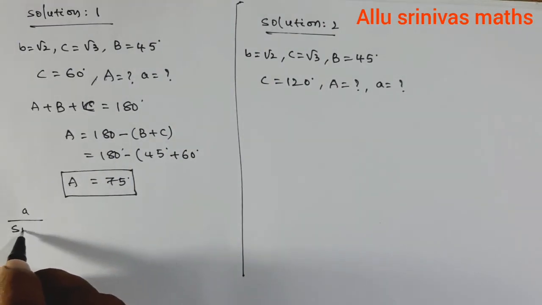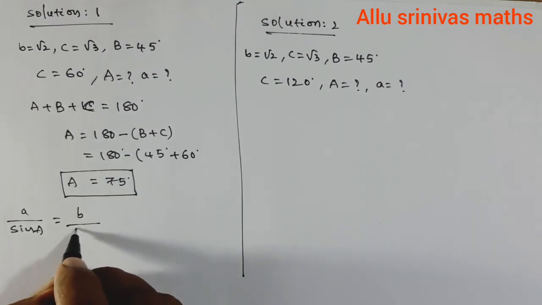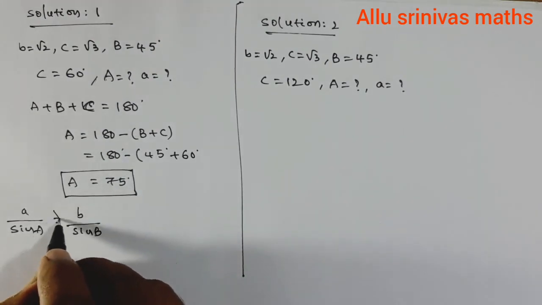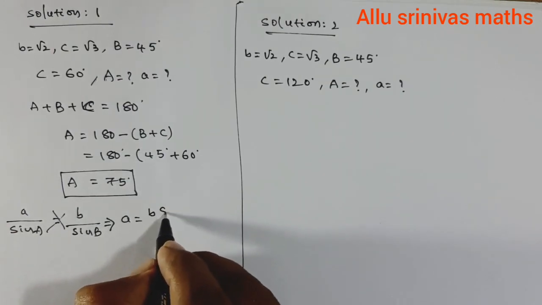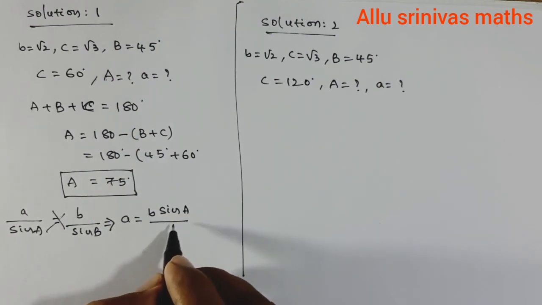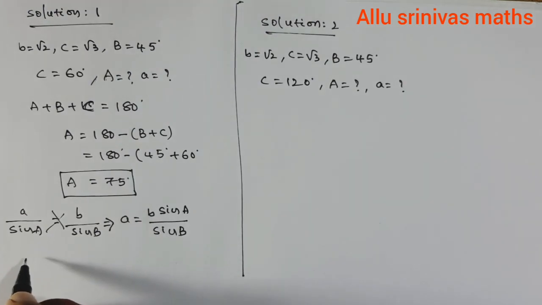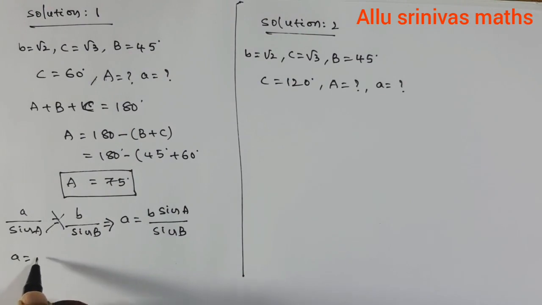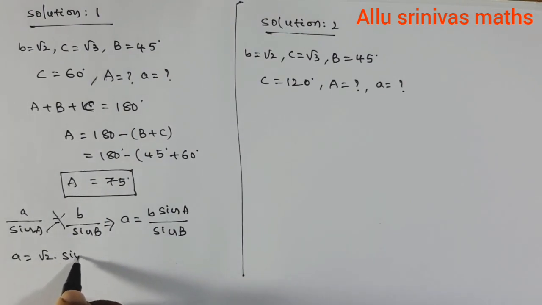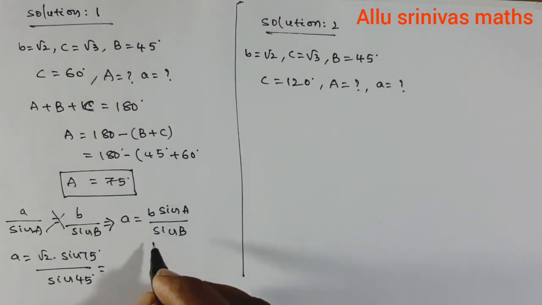Next we have to find side a. We know that using the sine rule, a by sine A equal to the given b by sine B. Apply the cross multiplication: a equal to b sine A by sine B. Substitute known values in this formula. Side a equal to root 2 into sine 75 degrees by sine B, B is 45 degrees.